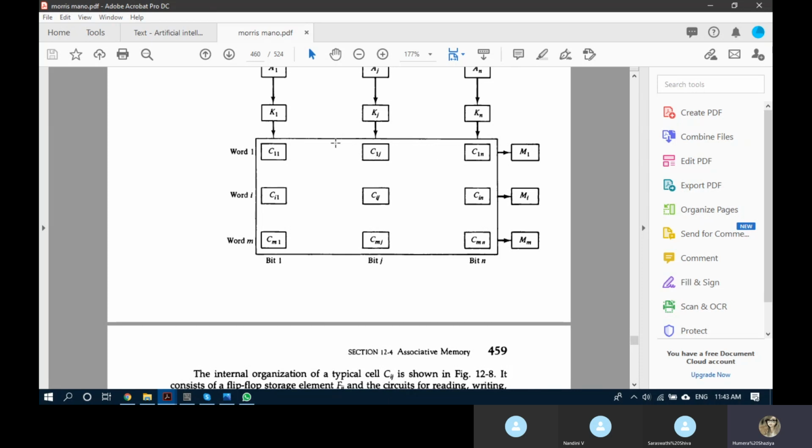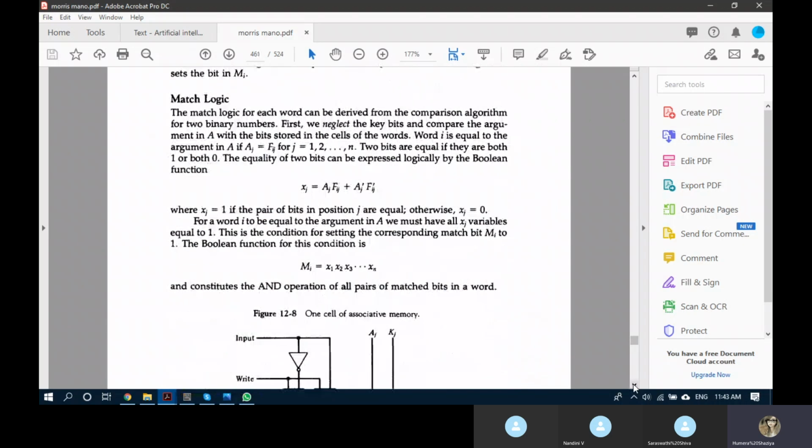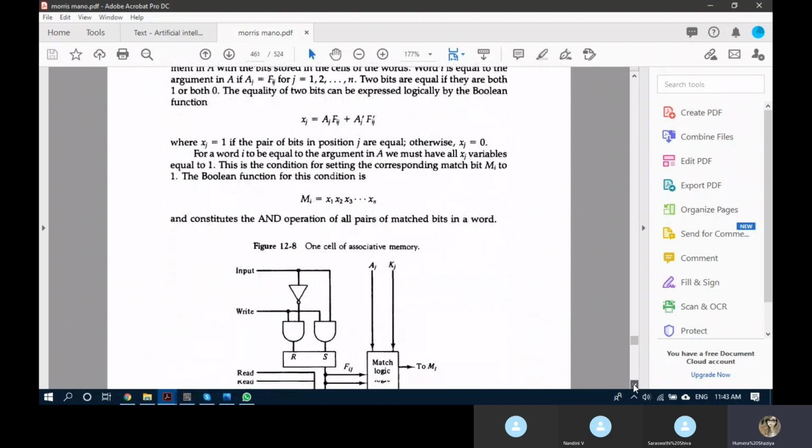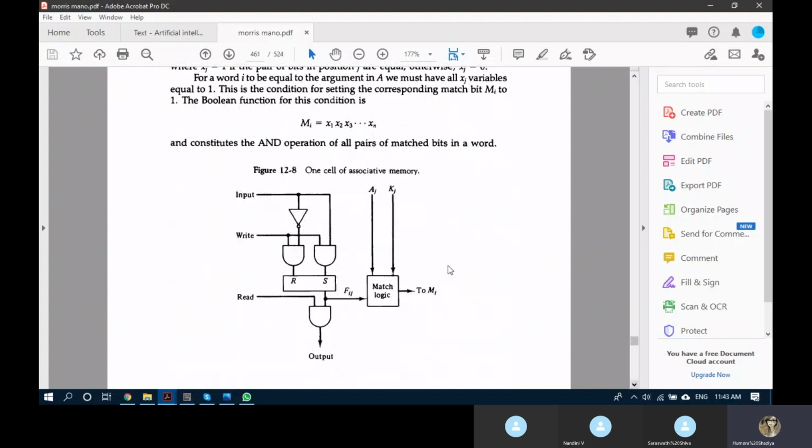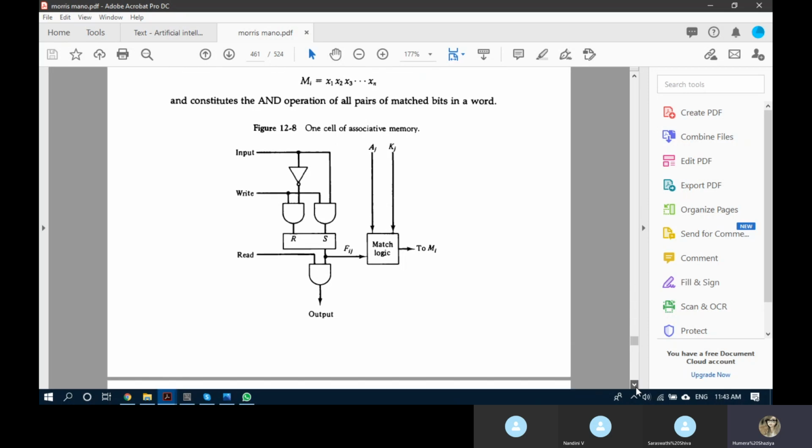When all the x's are 1s, then this is said to be 1. Is it clear? This is the match logic. You get A, you get K, and you get whatever value is stored. If K is 1 and A and F, which is nothing but the C value, both match, then M is said to be 1. And you can read, and you can perform the write operation also, by using an AND operation.